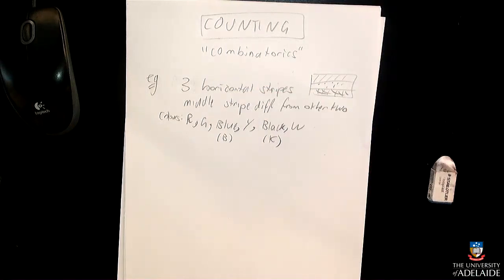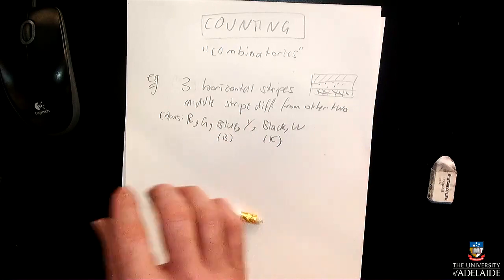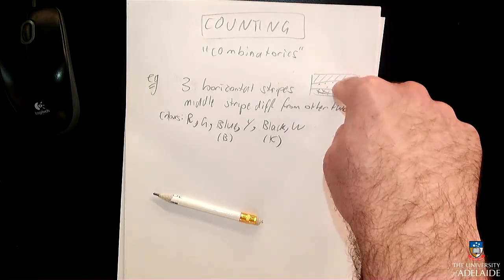So I need to tell a story that contains all possible flags, that if I gave someone these instructions, would produce all of the possible flags. I'm thinking about this statement, the middle stripe has to be different from the other 2. That tells me that once I had chosen these 2, I need to choose a colour I haven't already got.